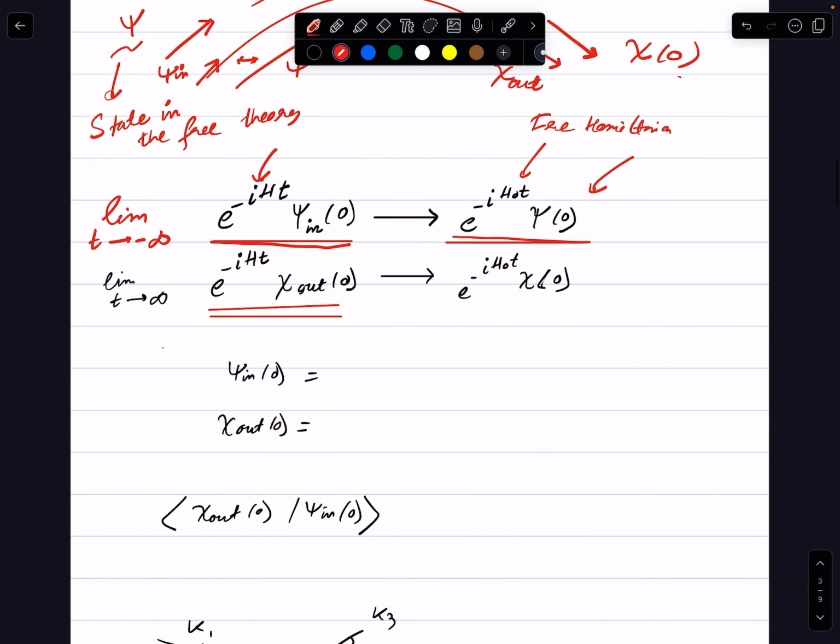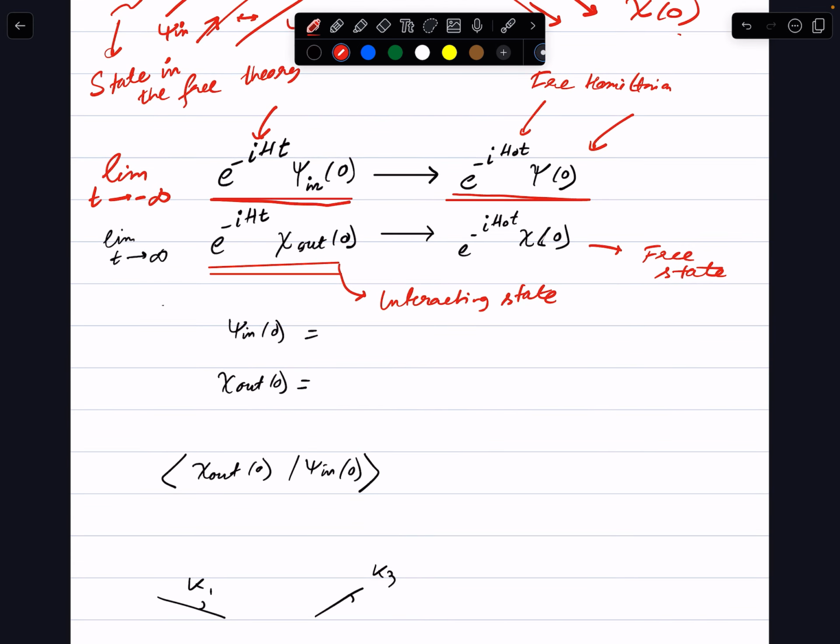So psi out is an interacting state and psi 0 is the free state. And again, when the interaction stops, the interacting state begins to look like the free state. Okay. Any questions?